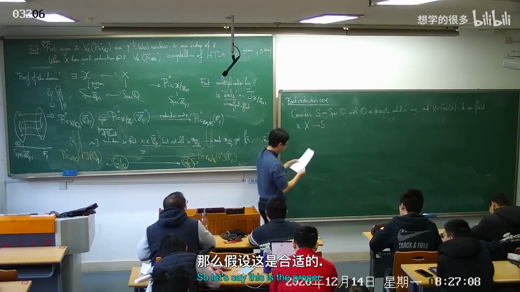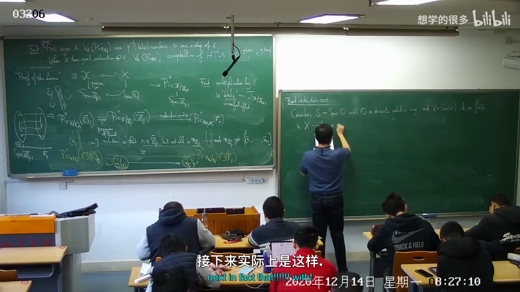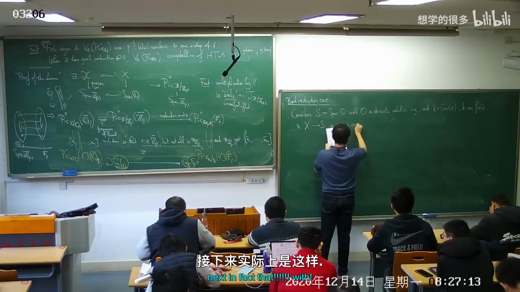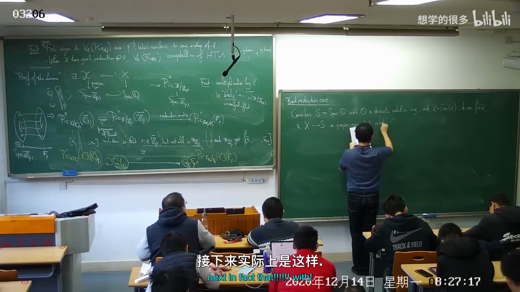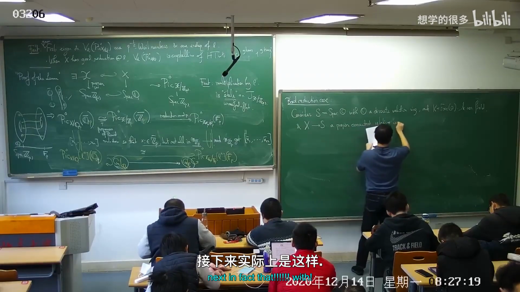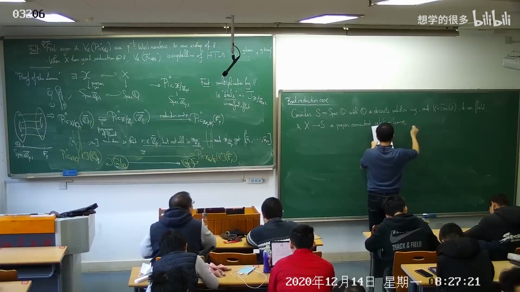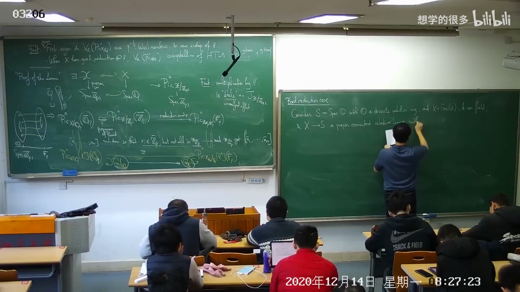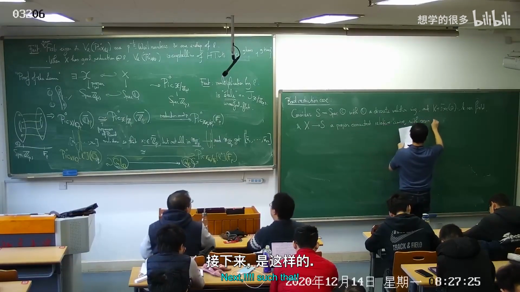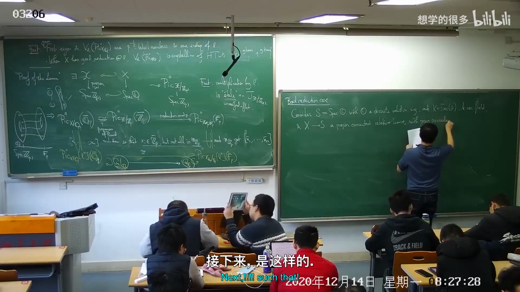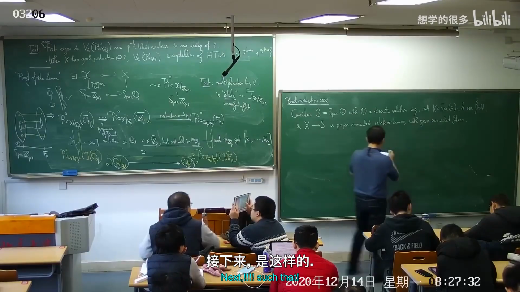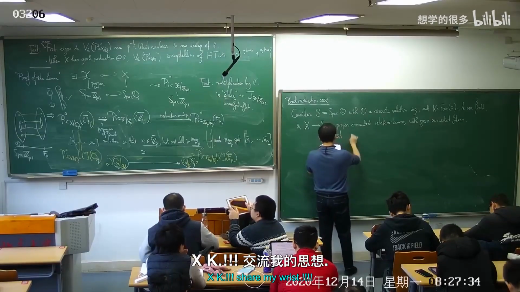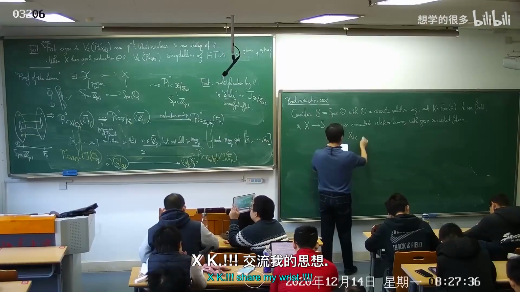So let's say this is proper, X is relative, with geometrically connected fibers, such that the generic fiber is smooth.